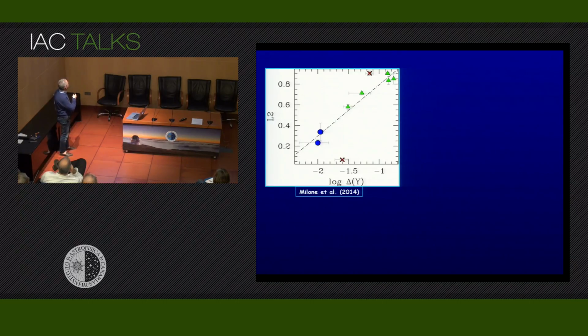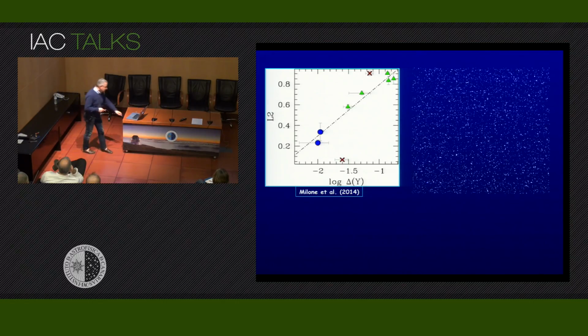And once again, okay, you find that there is a good correlation. There are few clusters in this plot because there are few clusters for which we have good measurements of the helium spread between the different subpopulations, okay, so far. And you see, once again, that there is a good correlation between the horizontal branch extension, L2, and the difference in helium between the first and second generation in the same cluster, okay?